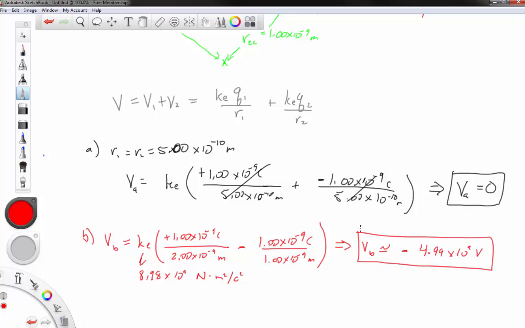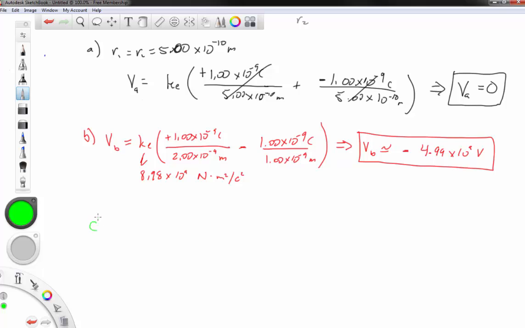So that's what the potential is if we are 1 nanometer away from the negative and 2 from the positive. Of course, if you flip to the other side so that you're 1 nanometer from the positive and 2 from the negative, then this is just a positive 4.99 times 10 to the 9 volts.